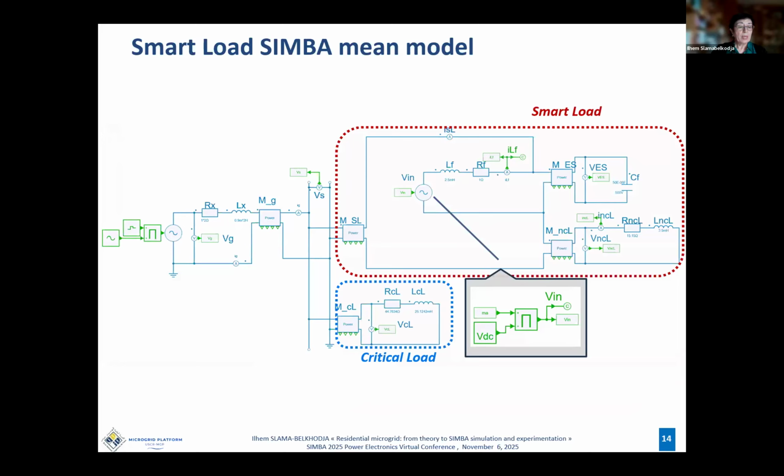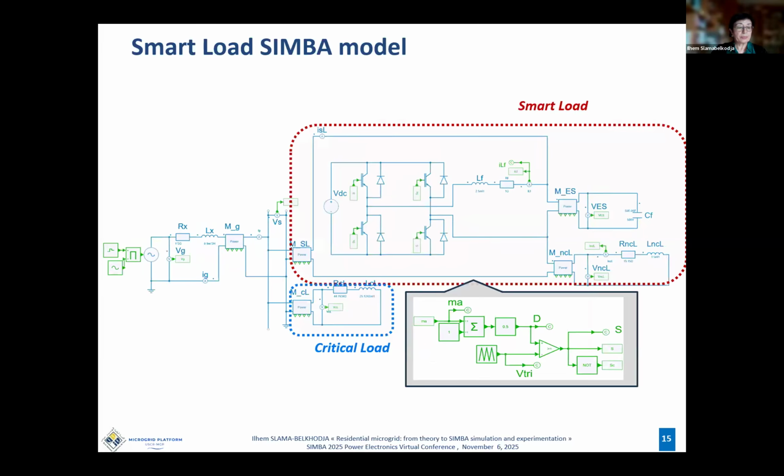Here we see the grid AC source where variations have been programmed, line impedance and power analyzer, the critical load and the non-critical load. The control is first validated with this average model.